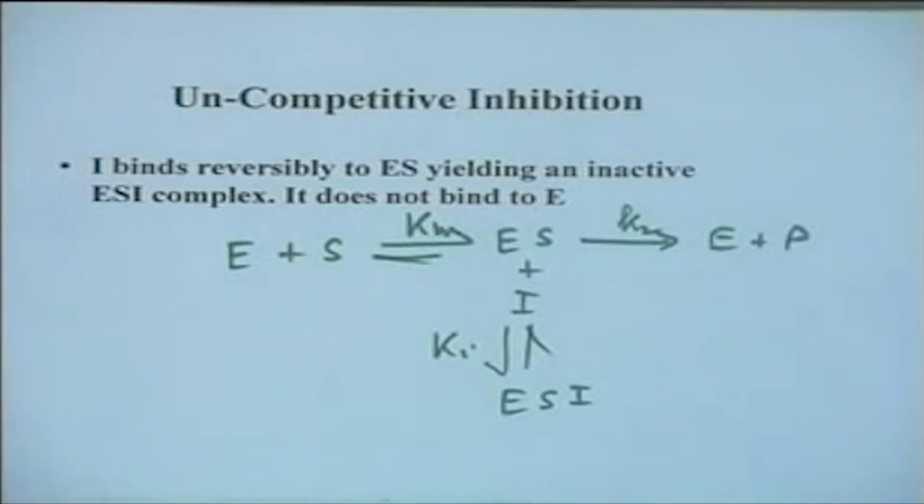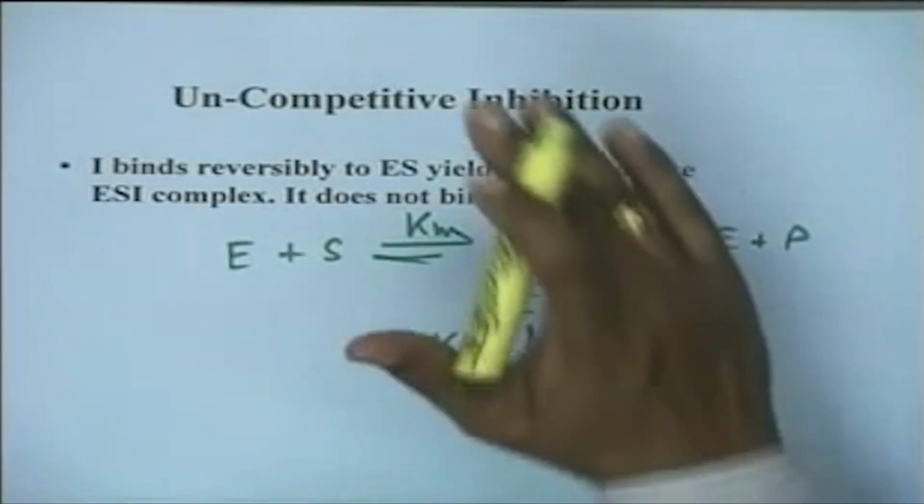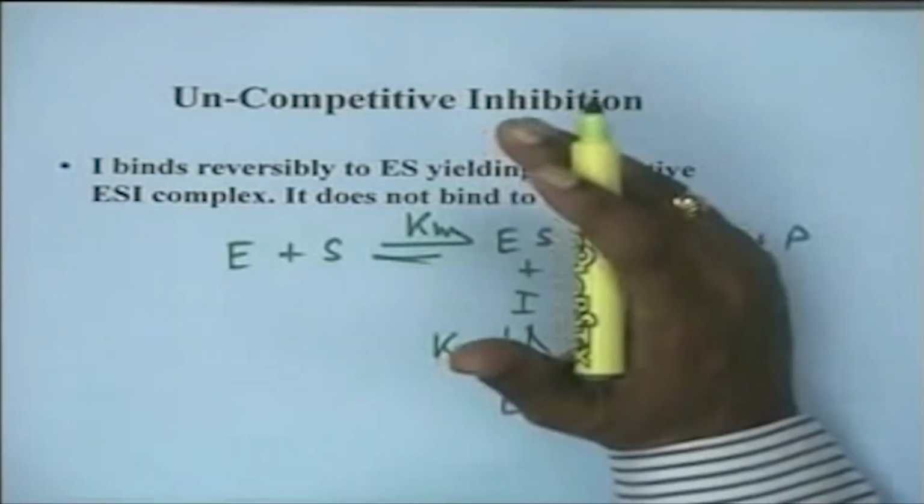But still, the idea of uncompetitive inhibition has been very useful in understanding the reaction mechanism for bisubstrate reactions. And essentially, when we look at a bisubstrate reaction, we will notice that this inhibition pattern gives you a lot of information about the sequence of binding of the substrate.